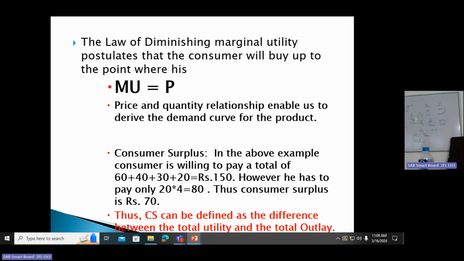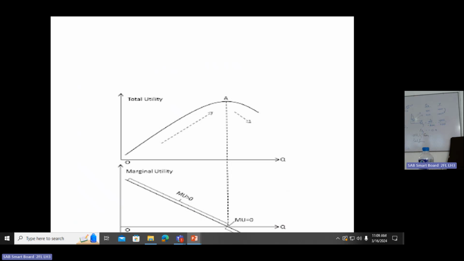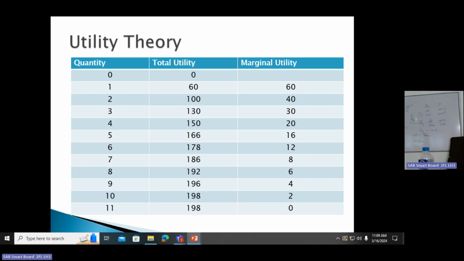If we assume the price of the product is 20, as in the previous case, the marginal utility of the first unit is 60, which is above the price. The second unit is 40, which is also above the price.